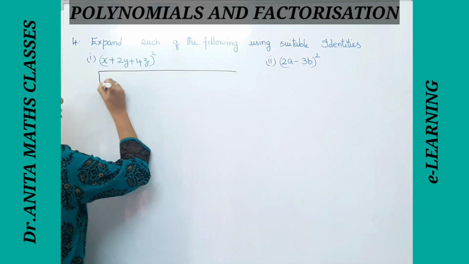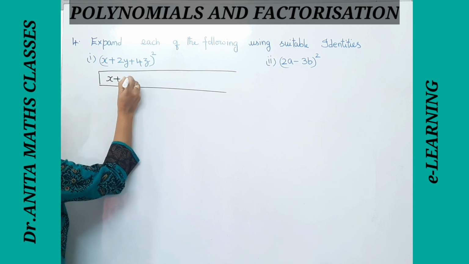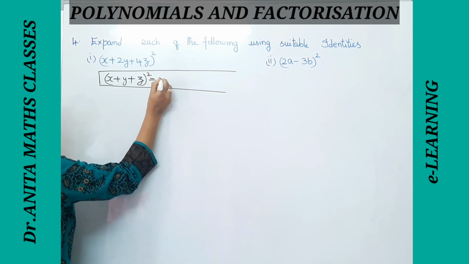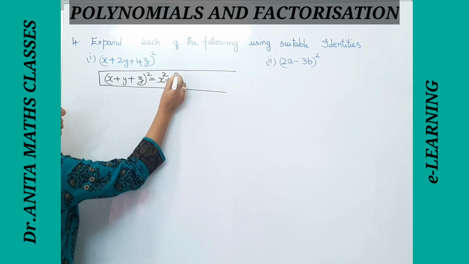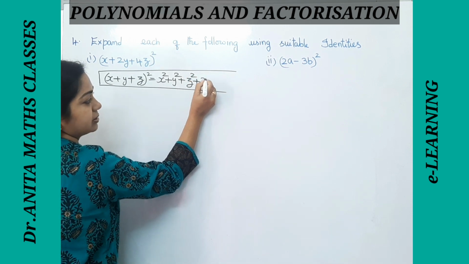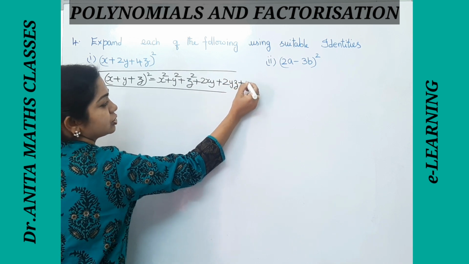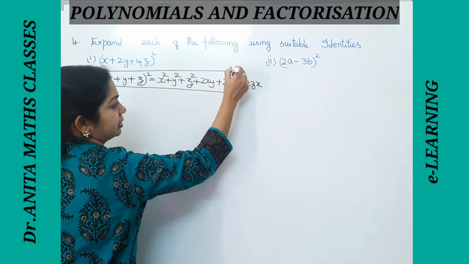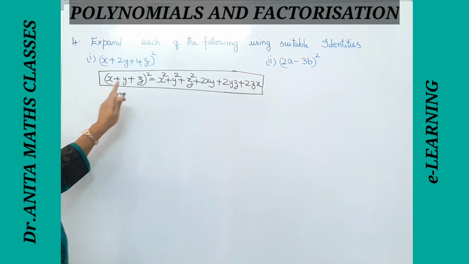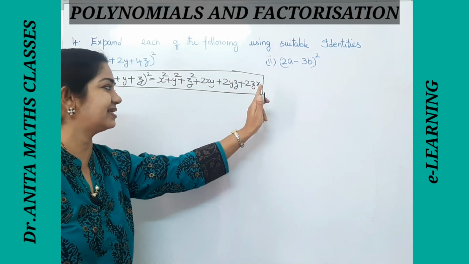We have to get that identity into our mind, that is x plus y plus z whole square equals x square plus y square plus z square plus 2xy plus 2yz plus 2zx. Now this identity is very simple, all are plus signs and we have to write only squares and 2xy, 2yz and 2zx.